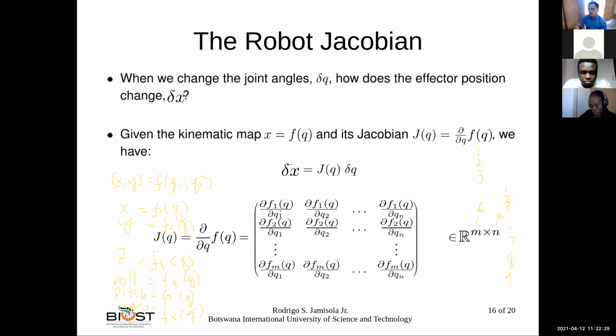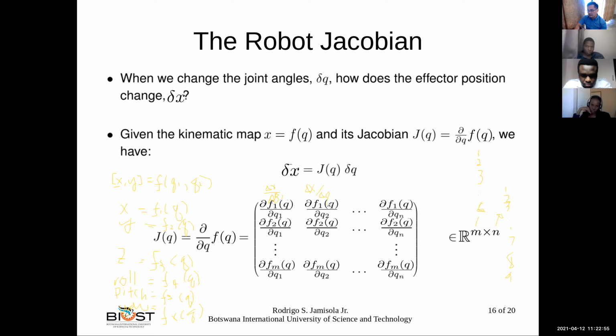Okay, so what we are saying here is that the first row is the delta in the x. This is the delta of f of 1. That means the delta in the x with respect to the delta in the Q1. Okay, so this is just the estimates. We are just writing it so that you can see the relationship.